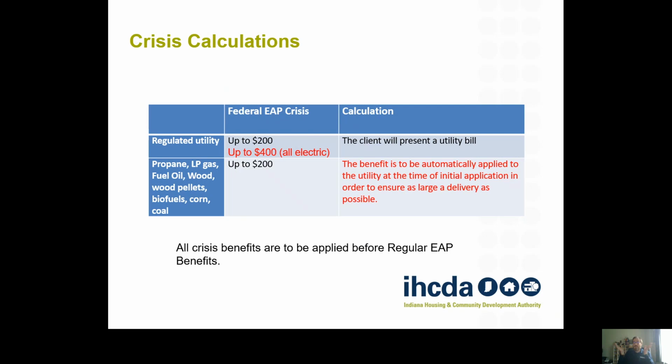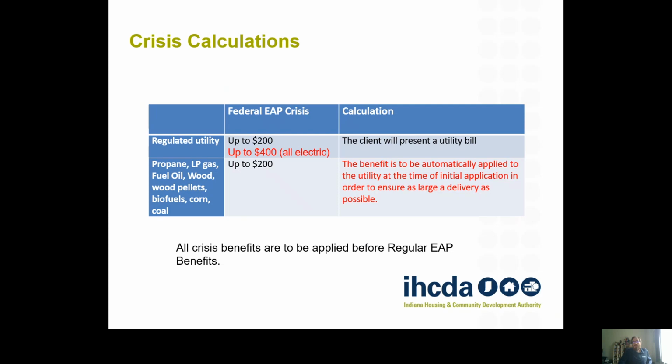Okay, so crisis calculations are staying the same. For a regulated utility, each household is eligible to get up to $200 for each utility. Which means that if they are total electric, then both the electric portion and the heating portion of $200 each are eligible to go towards that one account for a total of $400.